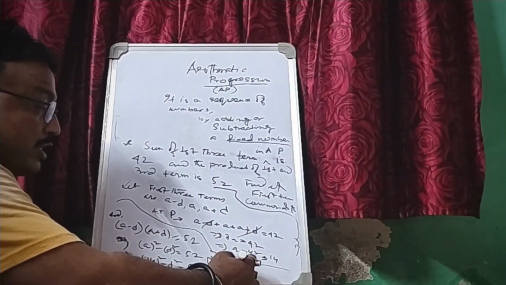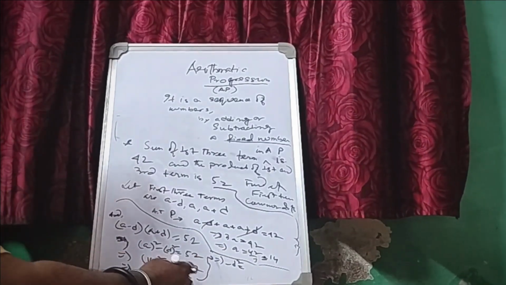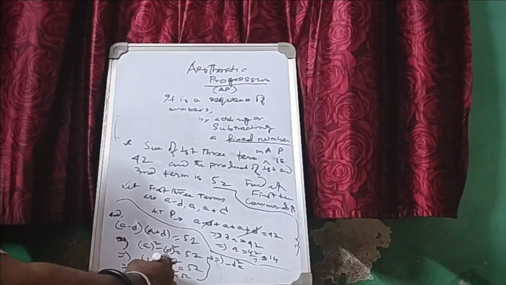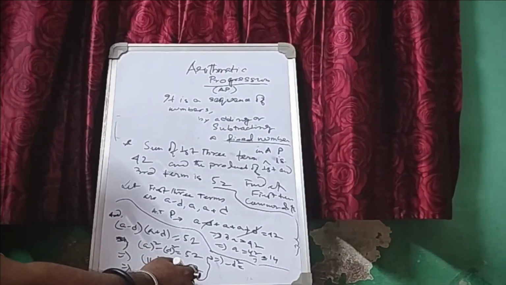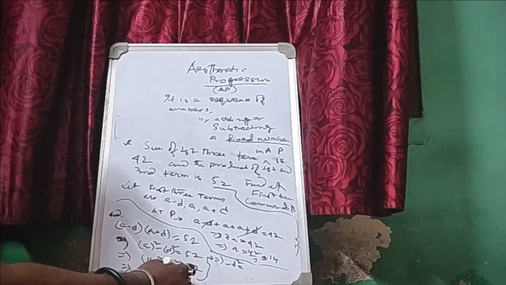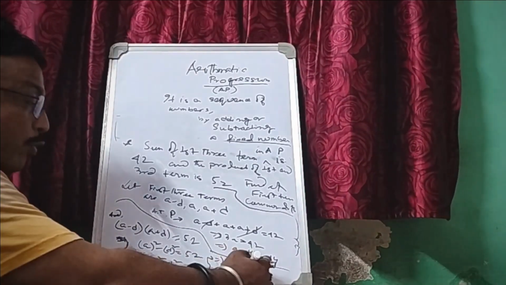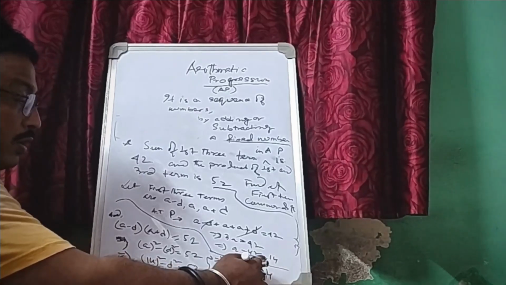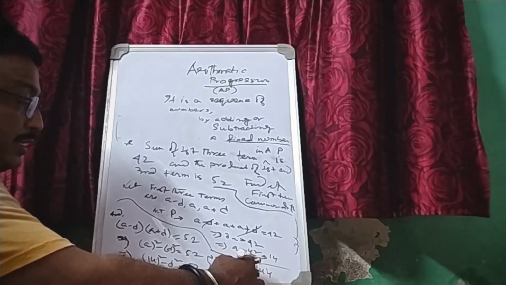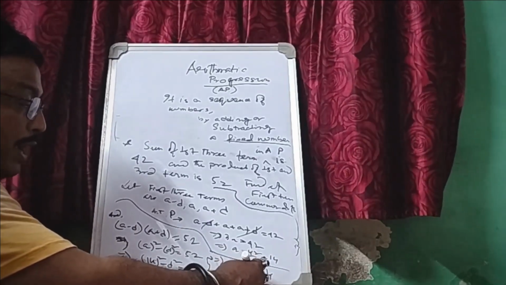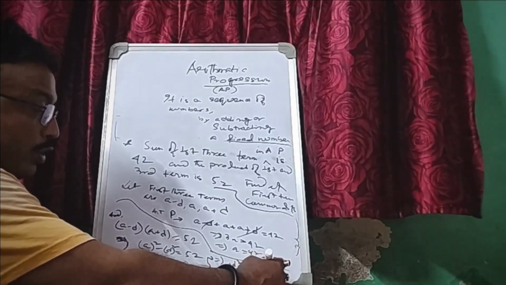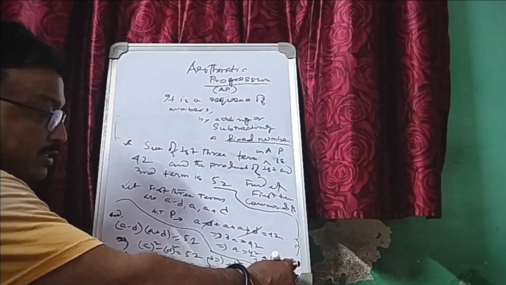So minus d square is equal to 52 minus 196. Subtract them, and the sign will be negative, and the result will be minus 144. Eliminating the minus, d is equal to plus minus root over 144, that means plus minus 12.